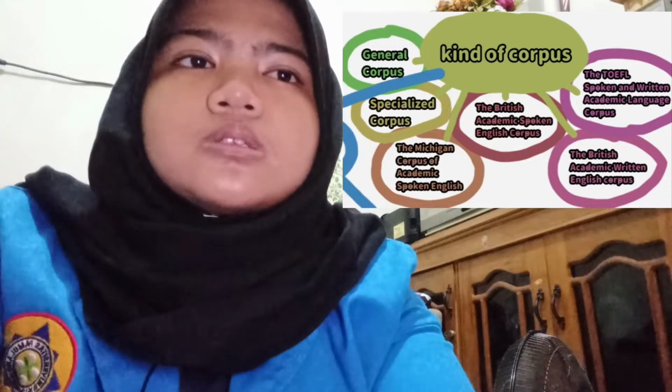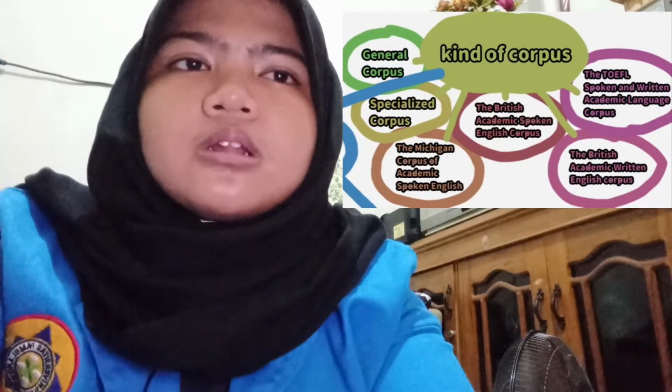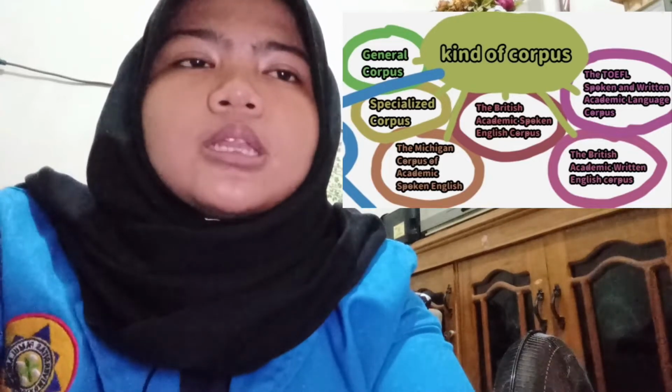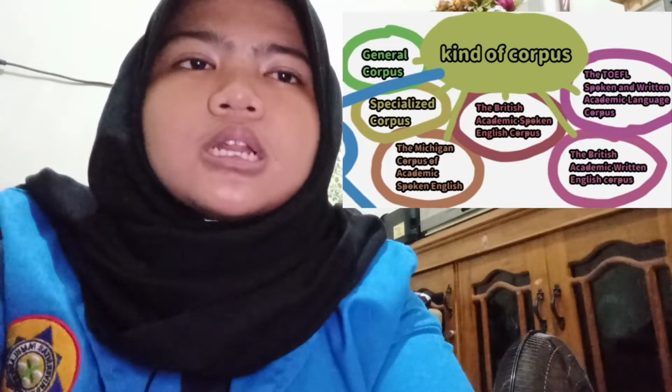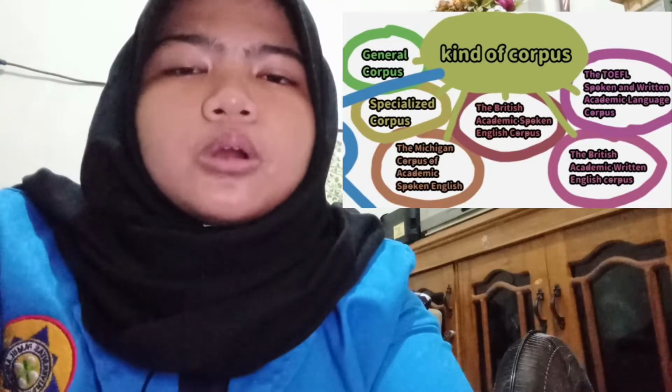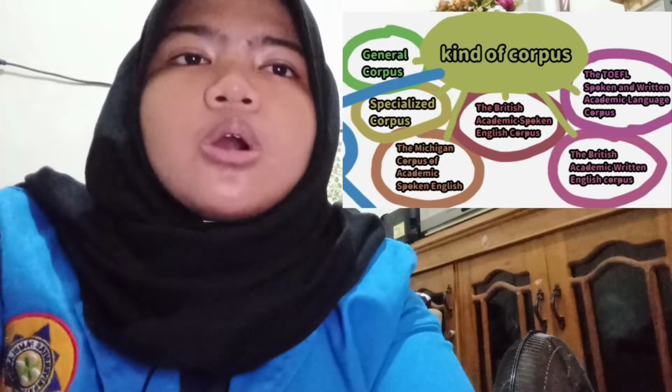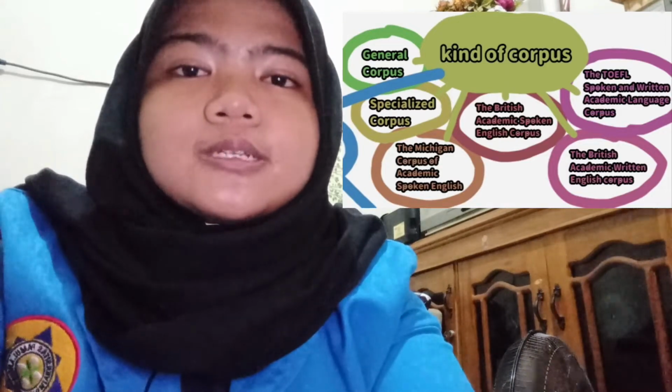It is used to investigate a particular type of language. Specialist corpora are required when the research question relates to the use of spoken or written discourse in particular kinds of text or particular situations.